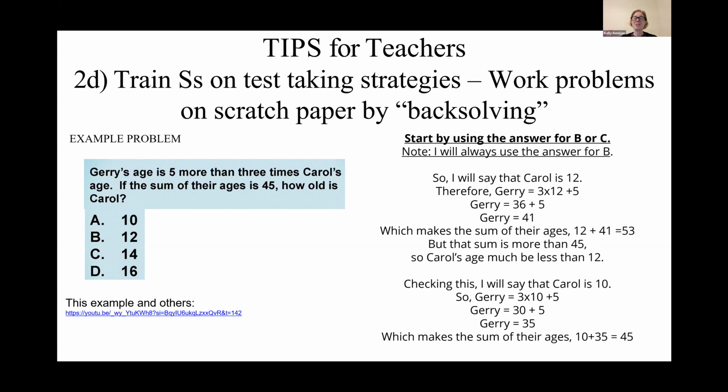As soon as I know that it has to be less than 12, the only possible answer is 10, which makes it choice A. So again, this is back solving: trying one of the answers, putting it in and seeing if it works. And if it doesn't, how does it relate to what it should be? In this case, it was too much, so my answer had to be something less than 12. Again, this is back solving.